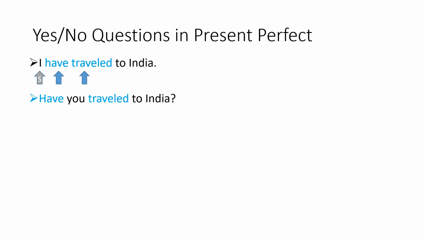Have you traveled to India? The correct response to this question is yes, I have, or no, I haven't. This is called a yes-no question because there are only two possible answers, yes and no.